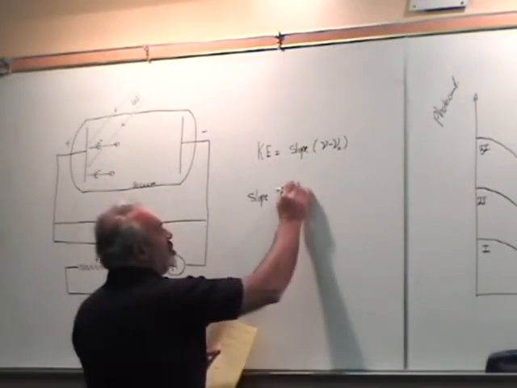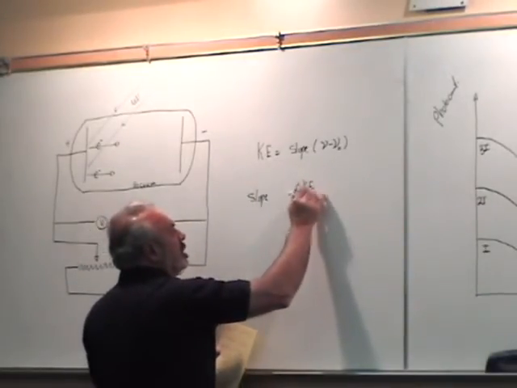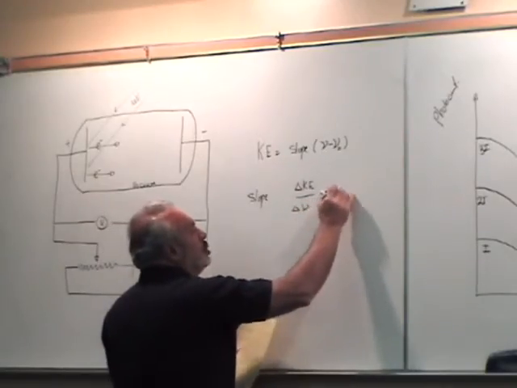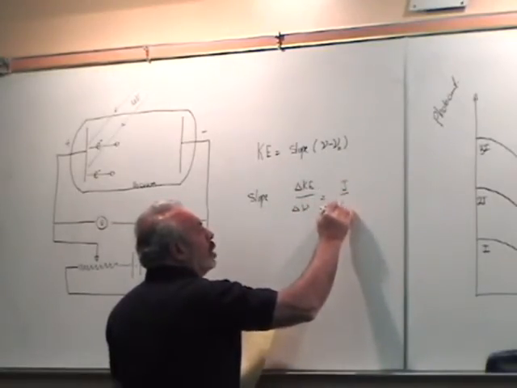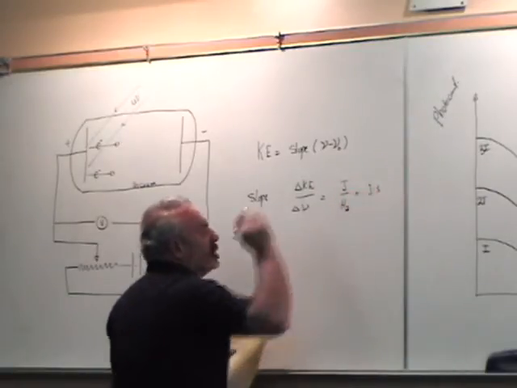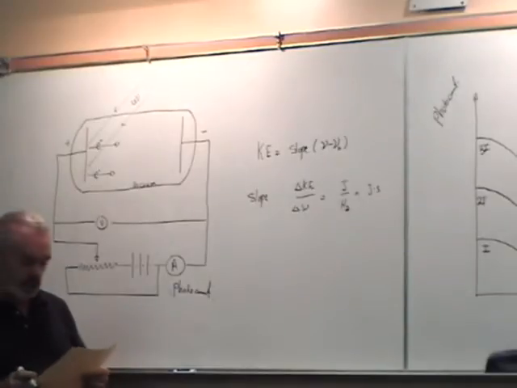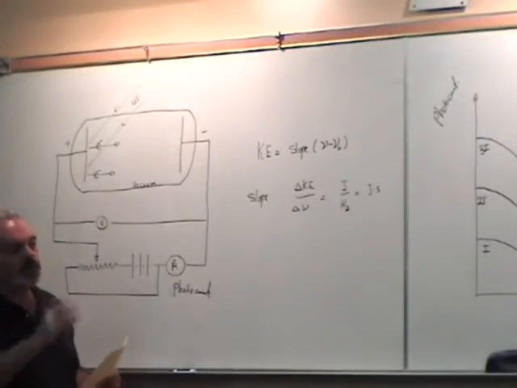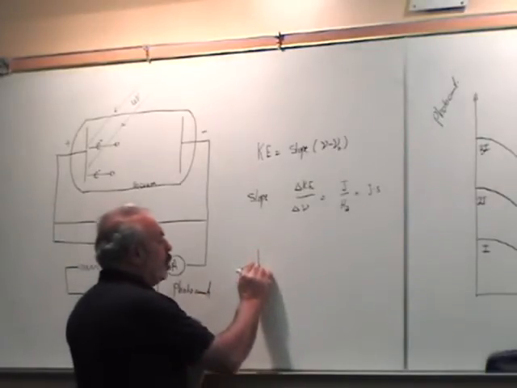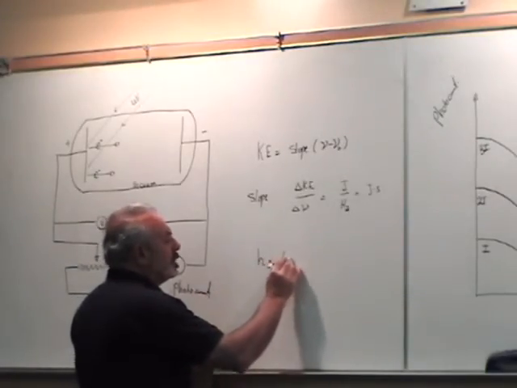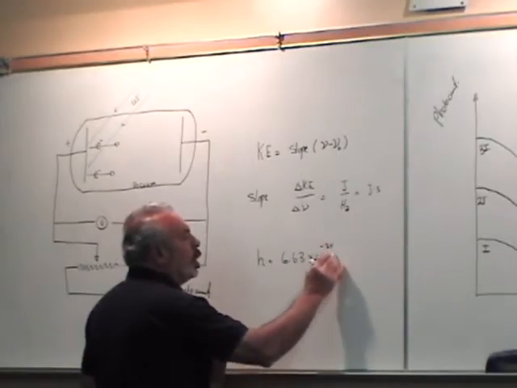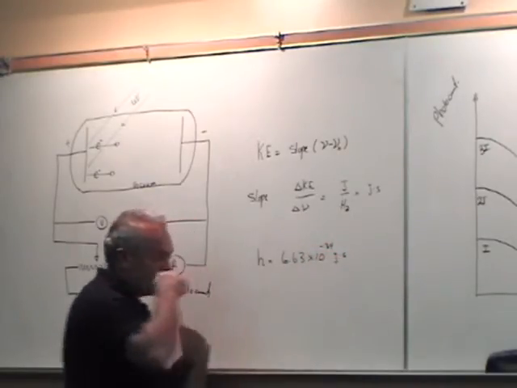First thing I'm going to say is delta kinetic energy divided by delta nu is going to be joules over hertz, which of course is joules times seconds. So the units are going to be joules times seconds. If you measure the slope very, very accurately, you find out that the slope, which we are going to call h, is equal to 6.63 times 10 to the minus 34 joules seconds.